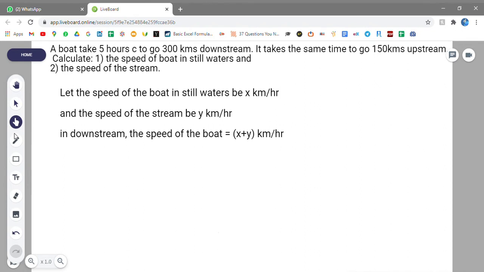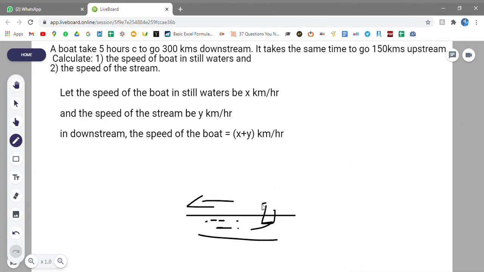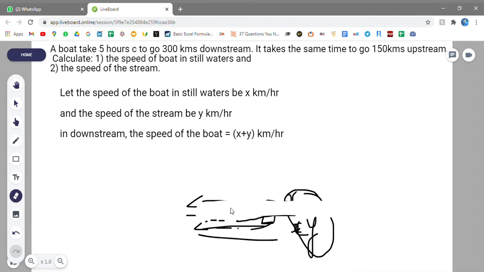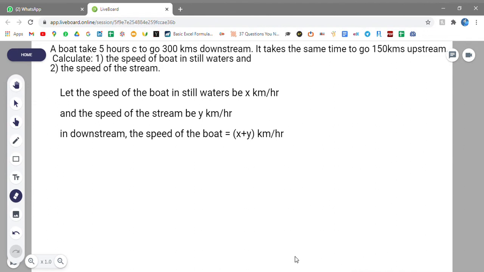If you see in downstream, as I already mentioned, the water is flowing this way, and along with the water the boat is also coming, right? So if the speed of the boat is x and the speed of the water is y, in downstream the speeds get added up. So that is why it is x plus y kilometer per hour.